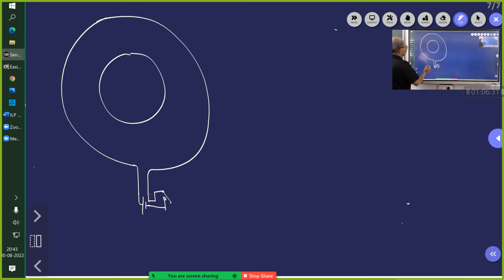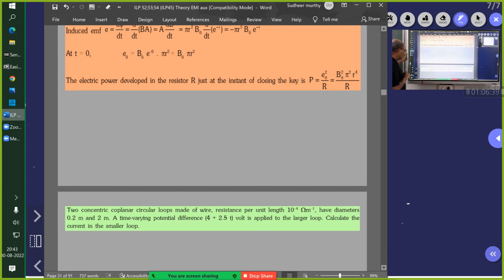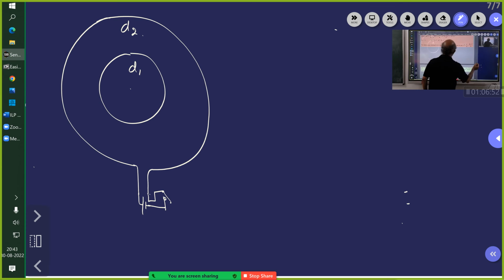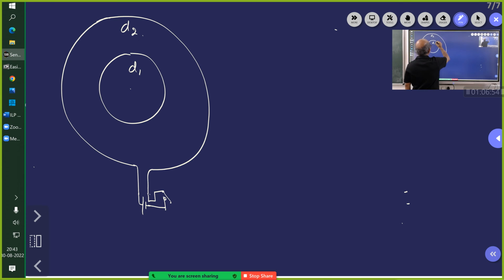Usually we do this. They are given the diameter of this and the diameter of this. Two concentric circles with the same center. So two concentric coplanar circles made of wire, and the resistance of each wire per unit length is given.